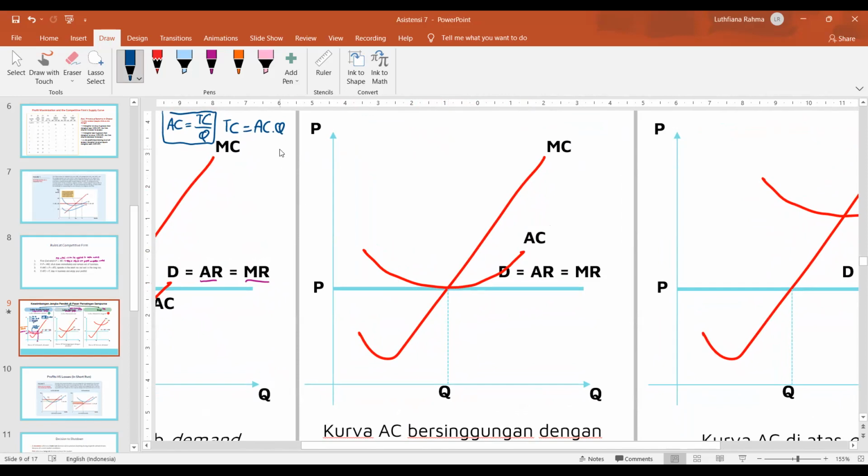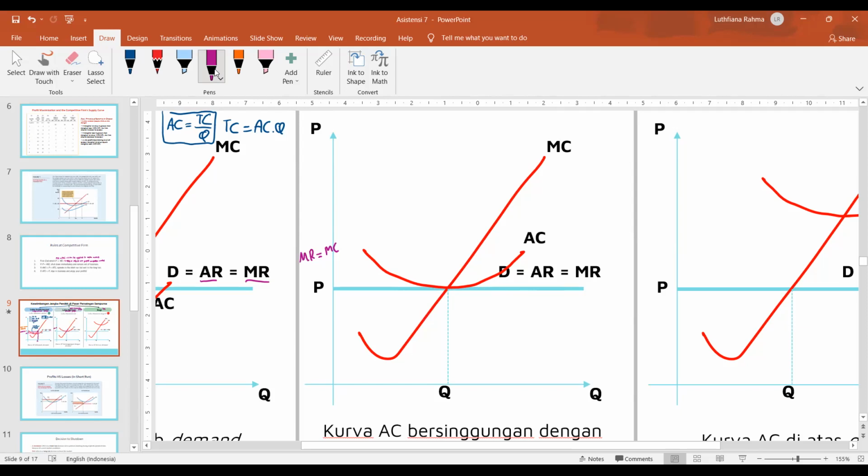All right, and you also have to remember that the firm should produce, again, where MR equals MC, right? So where is that point? That point is here. This is the MR curve, and this is the MC curve.